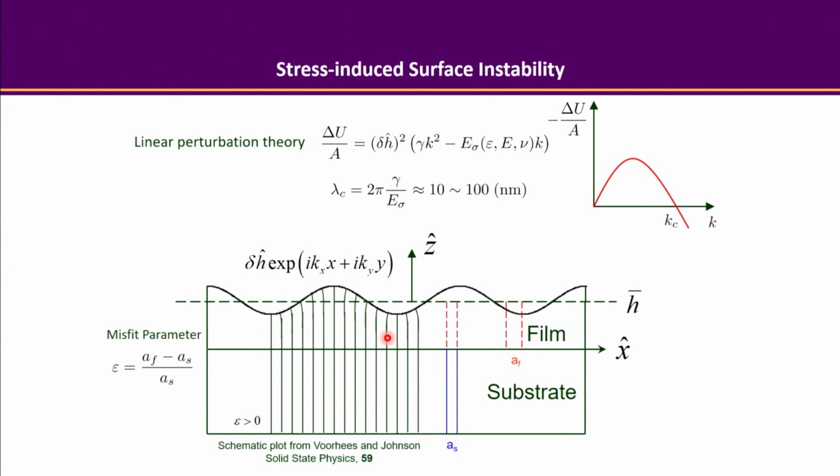But if you do the calculation, just like what we did yesterday, you are going to find out that for this kind of surface undulation, the total free energy of the system actually is going to be lower than the planar interface.